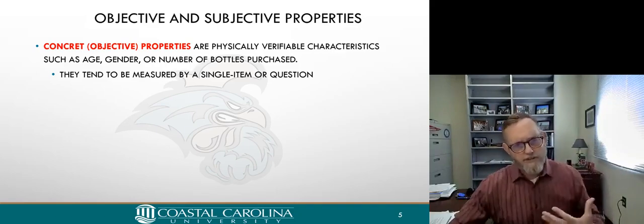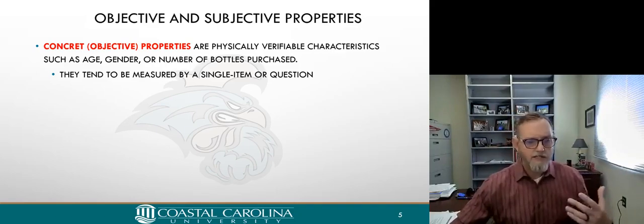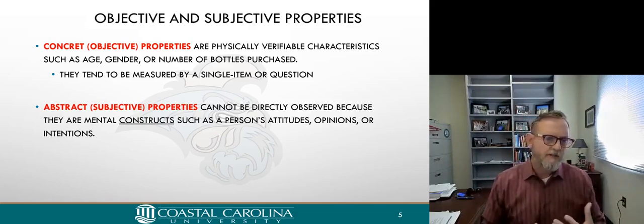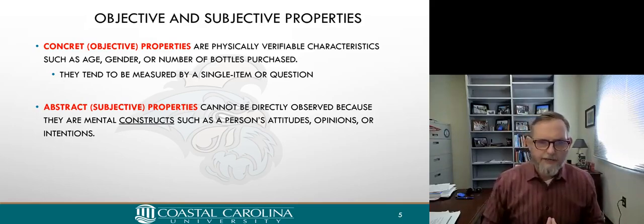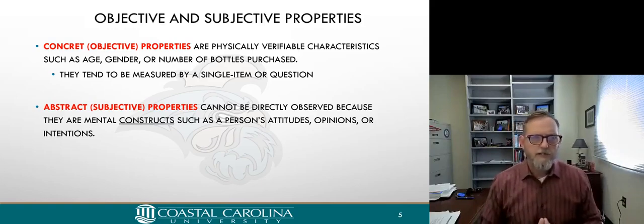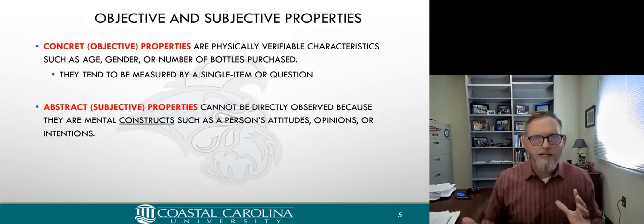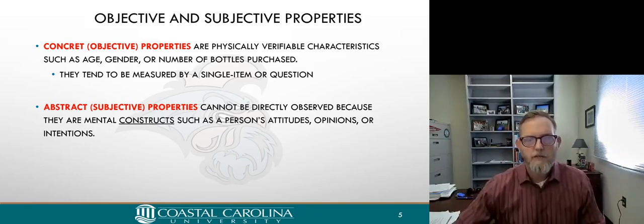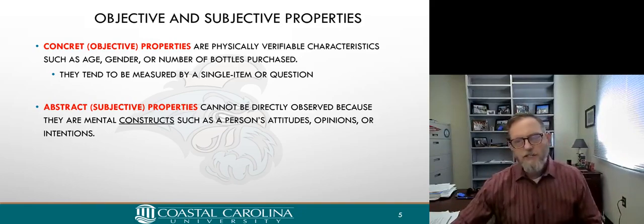The other type of property that you could have is something subjective, which would be abstract to some degree, or ones that you can't physically verify in a countable way. It cannot be directly observed because these are mental ideas or concepts, such as a person's attitude, opinion, or intention.